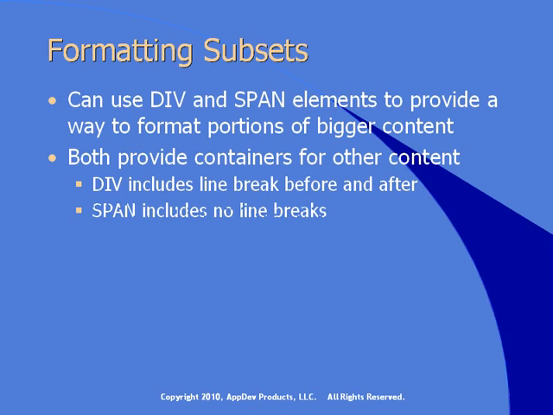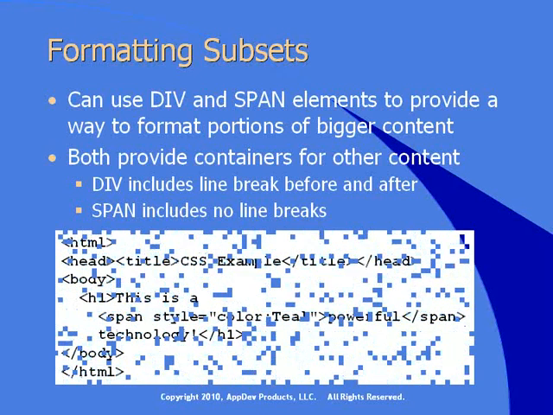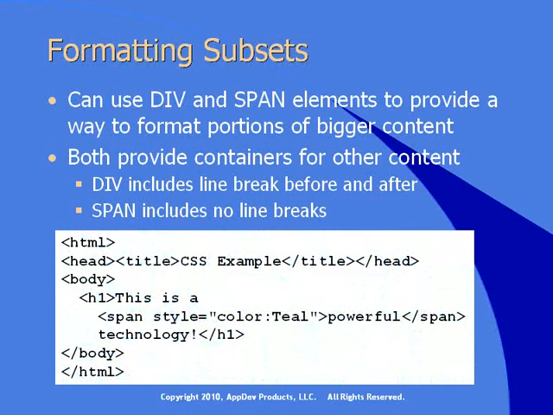So in the previous example, where I wanted to format the word powerful, it's the span element that would be useful. So you can see I've placed a span element around it with a style attribute indicating I want its color to be teal. Because it's a span element, I don't get a line break before and after the text.